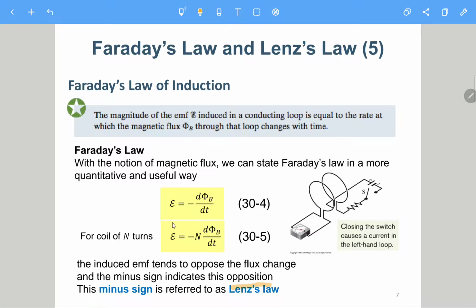So the whole equation is called Faraday's law. But at that time, Lenz only found this negative sign, and this negative sign is called Lenz's law. It is like, I think, more than 100 years ago, or at least 150 years ago, maybe more than that.